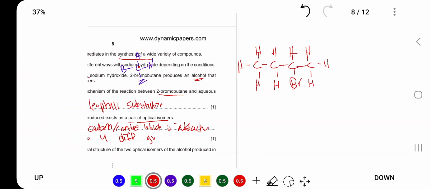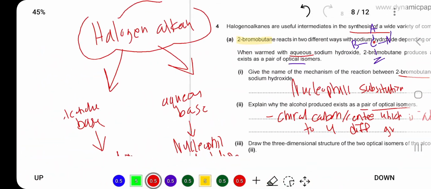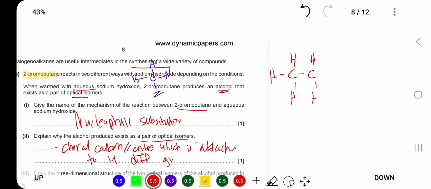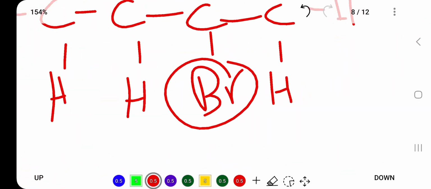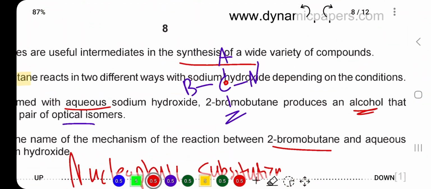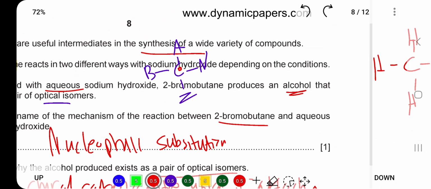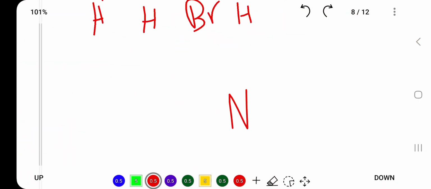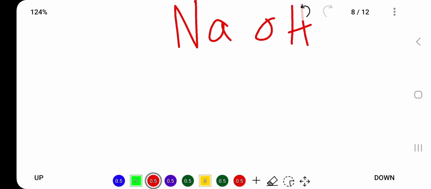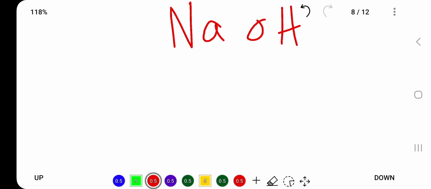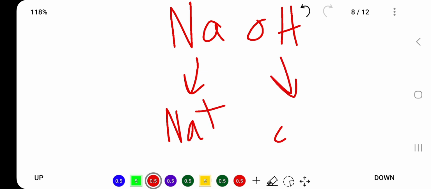We got this. Alright. With it being a nucleophilic substitution reaction, you just get in mind that Br will be replaced by something. So what we have, the reagent here is sodium hydroxide, NaOH. What happens? Na becomes Na plus, OH becomes OH minus. Great.